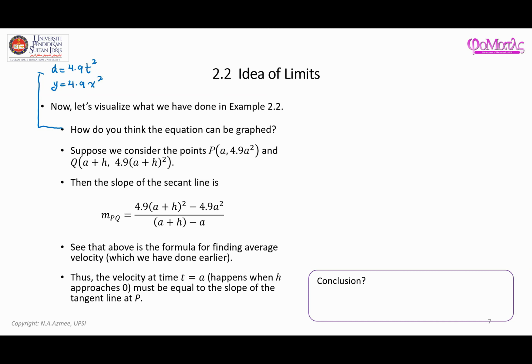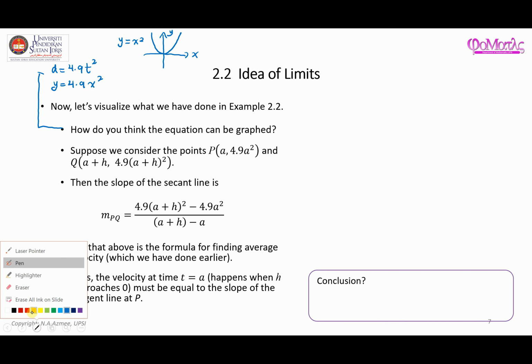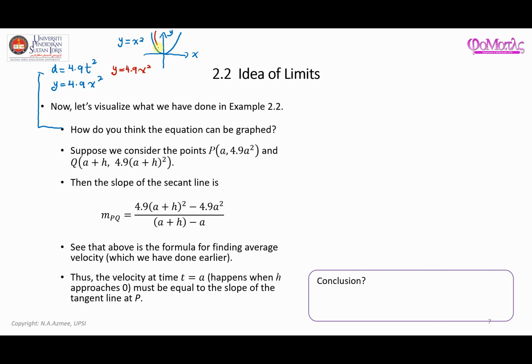This is something that everybody is familiar with, and we know that if you have y equals x squared, the graph looks like this roughly. And if you introduce a constant next to x, y equals 4.9 x squared, the graph is going to be vertically stretched. So it's going to look like this, more or less.